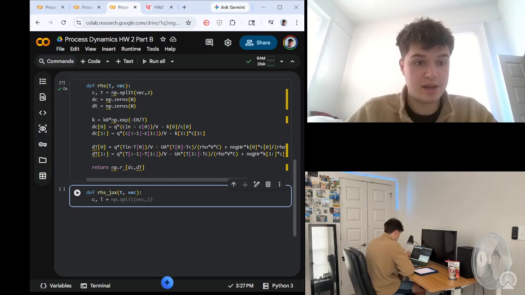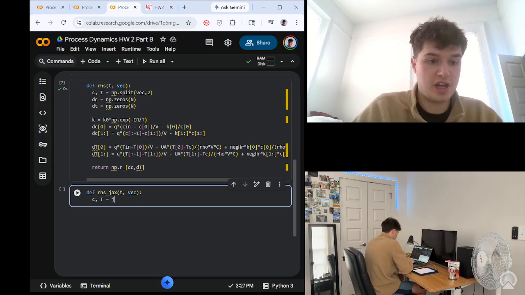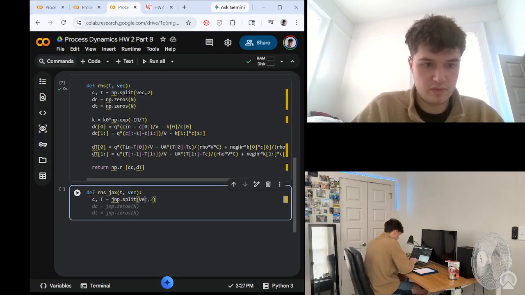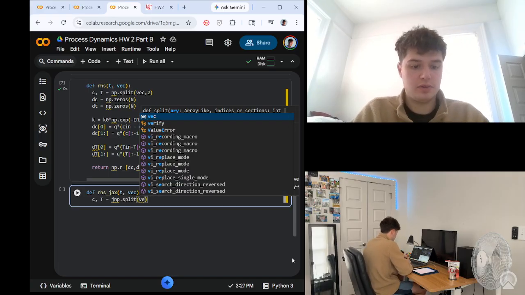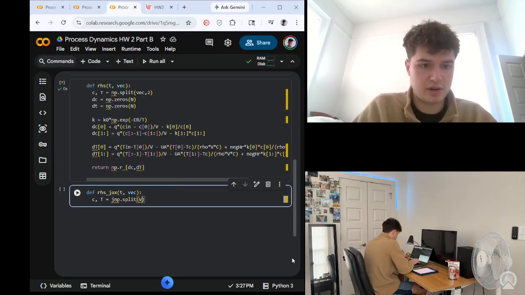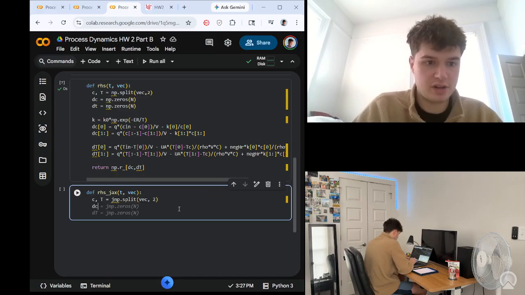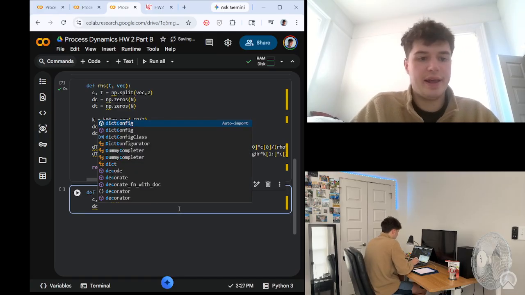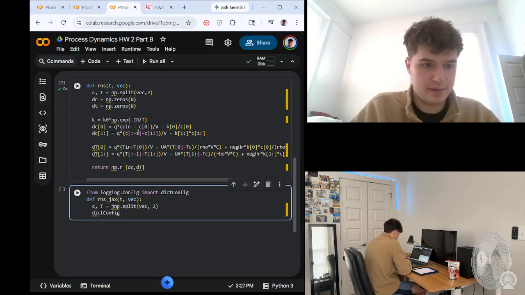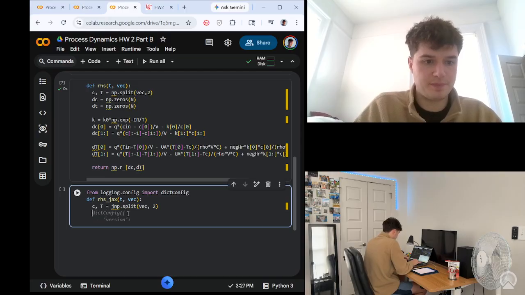This is correct, except that we're using JAX. So now it's jnp.split. Okay, and now as you can see, it did suggest it correctly, but then it went away. We want that. Please do that again. I guess it doesn't. Oh, here we go. It goes away. Why does it do that? Oh, okay, whatever. We'll type it in.